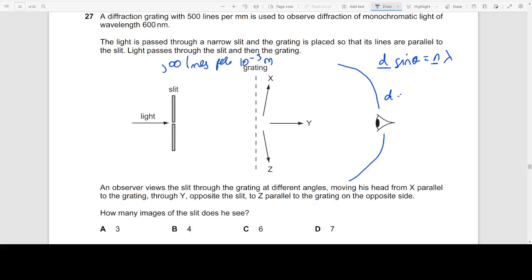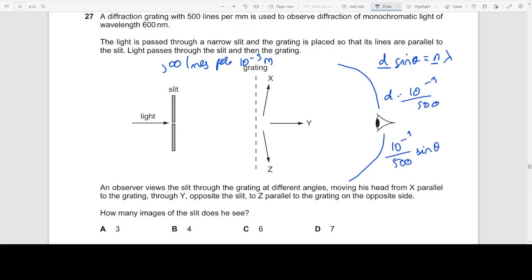So d is simply going to be 10 raised to minus 3 divided by 500, because we have to find how much distance one line takes. So d sine theta is 10 raised to minus 3 divided by 500 times sine theta.